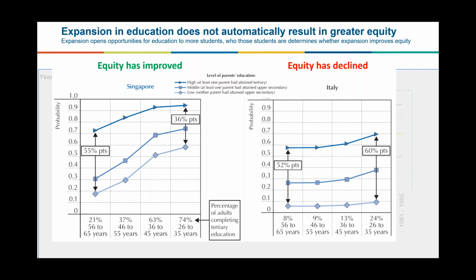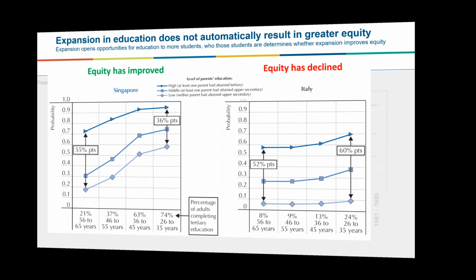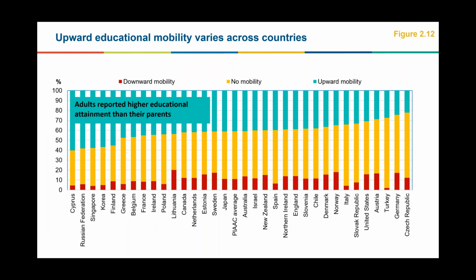We can summarize that by looking at upward mobility across countries more systematically. The share of the bar that you can see in green is where adults have higher levels of educational attainment, better degrees than their parents. And you can see in Cyprus, the Russian Federation, Singapore, Korea, Finland, and so on, upward mobility is very good.